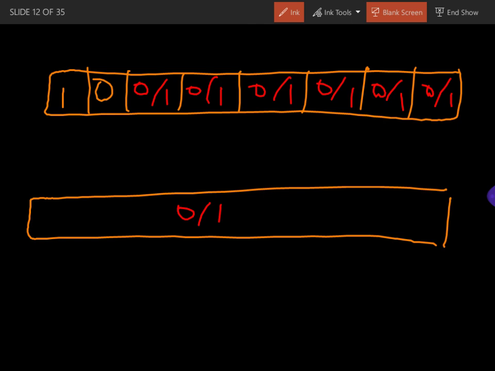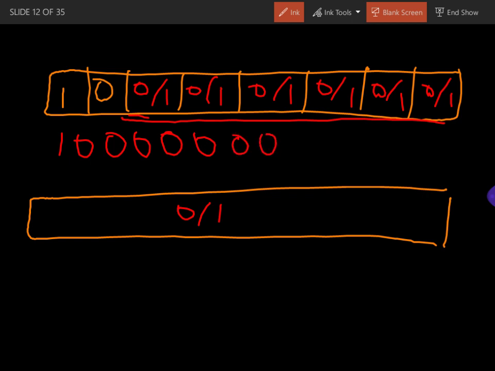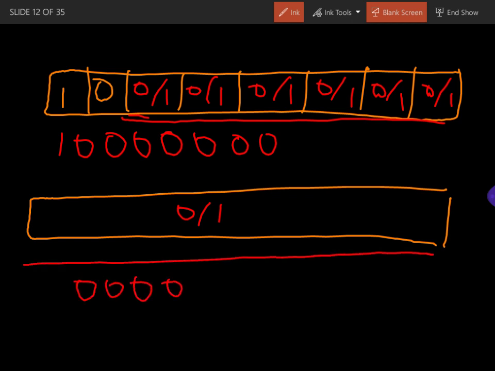So that would be 1 0, and then all of these to be zeros. And in the second octet, all of these to be zeros, and if you convert this number, this is equals to 128, and this is equals to 0.